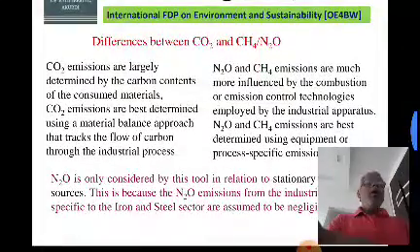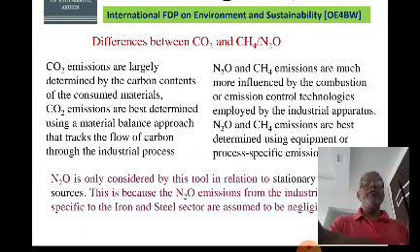Now, when we are calculating the CO2 and CH4, there is a difference. Which type of difference is it? The CO2 emissions are largely determined by the carbon content of the consumed material. Also, the CO2 emissions are best determined using the material balance approach that tracks the flow of carbon through the industrial processes.